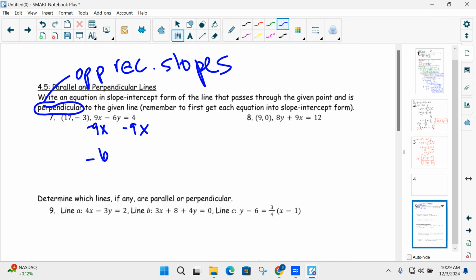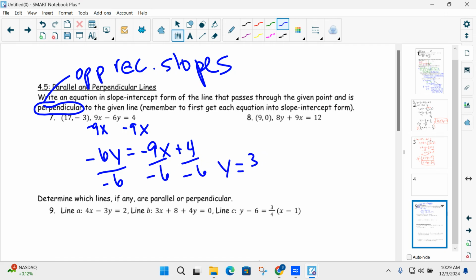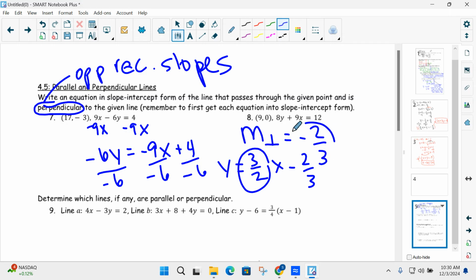You would have negative 6y equals negative 9x plus 4, and then divide everything by negative 6 to get y equals 3/2 x minus 2/3. So the slope of this line is 3/2. Therefore, the slope of the perpendicular line would be negative 2/3.